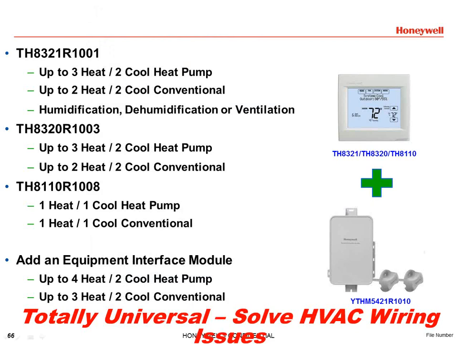The one at the top is a 3 heat, 2 cool with humidification or dehumidification. The one in the middle is the same thermostat without the humidification. So it's 3 heat, 2 cool. And then the bottom one is a Vision Pro that's 1 heat, 1 cool. So 3 different flavors for that thermostat.